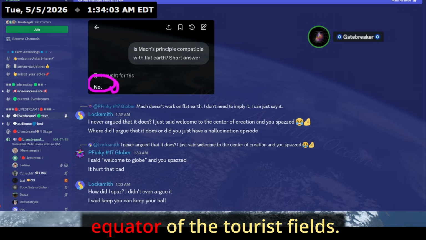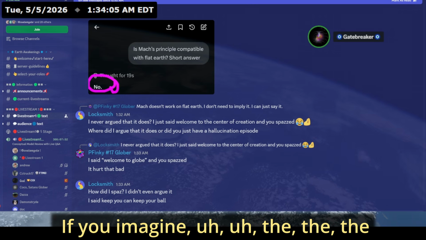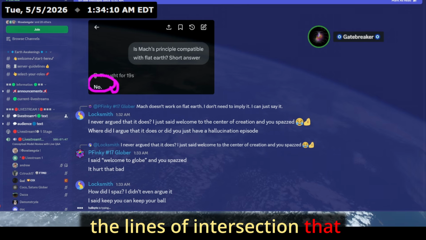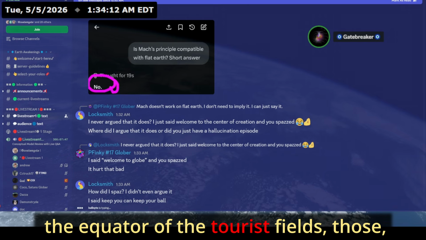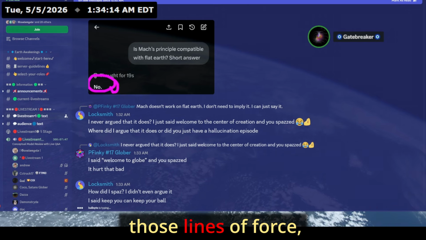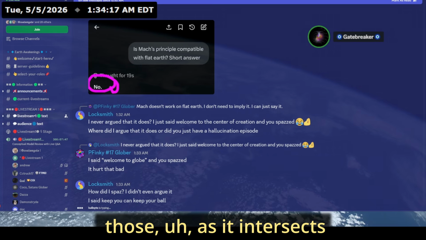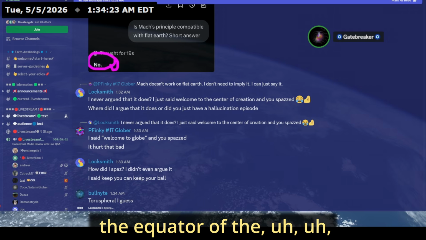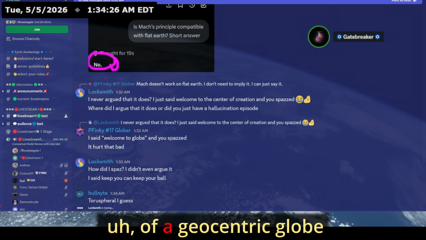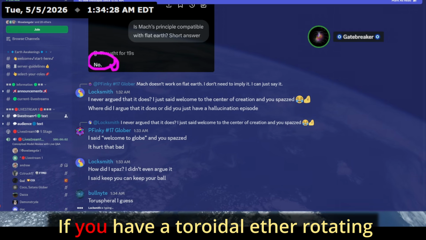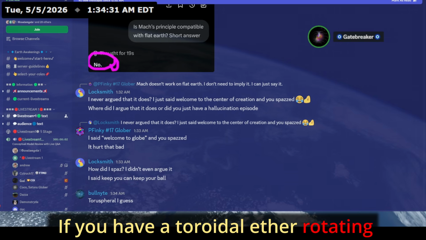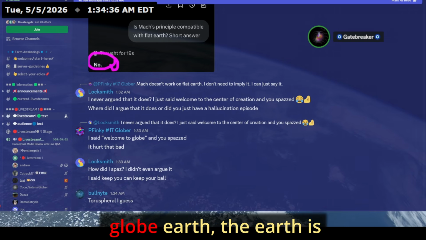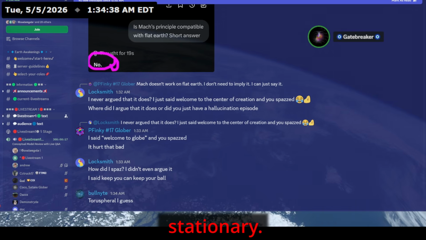The equator of the torus field, if you imagine the lines of interference or the lines of intersection, those lines of force as it intersects the equator of the geocentric globe Earth, if you have a toroidal ether rotating around a geocentric globe Earth, the Earth is stationary.